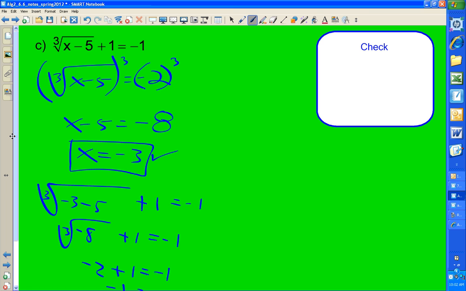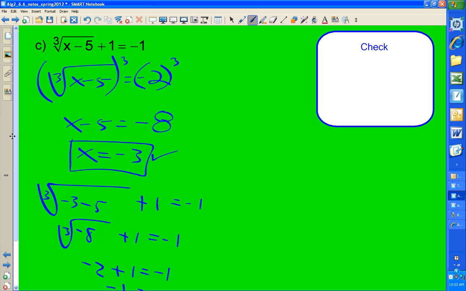I don't see how the coincidence worked out, but it just was a coincidence. If I change that to a 2, it no longer is going to work. So you have to isolate the radical first, then get rid of the radical. If you don't, you might get lucky, but I wouldn't bank on that luck, because the stars just aligned for you.